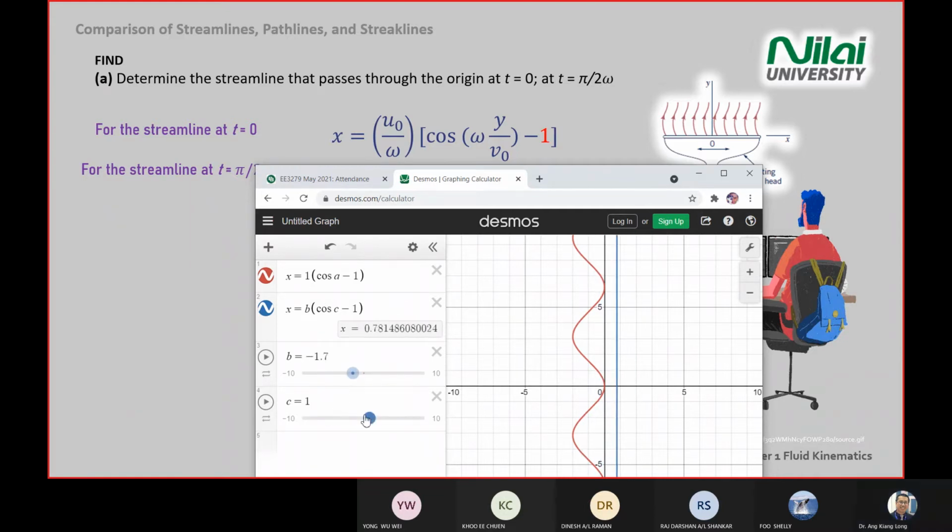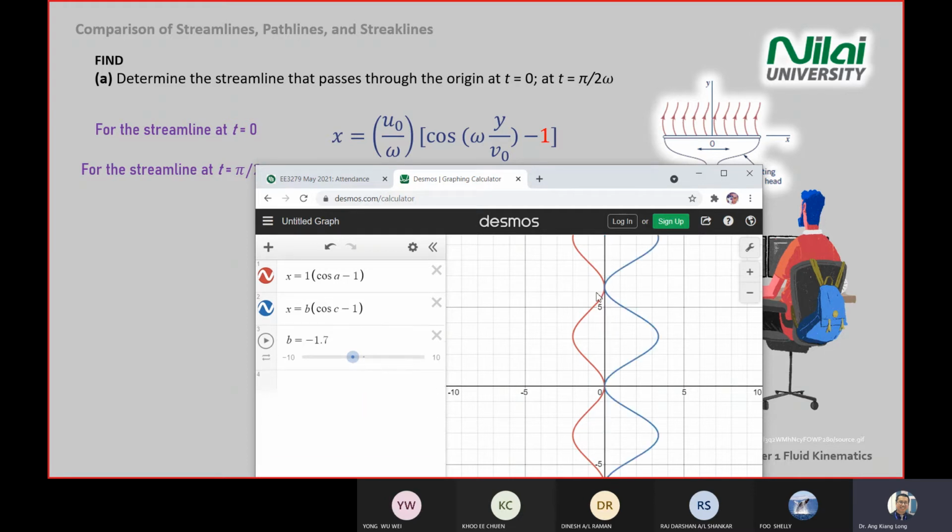Of course, if you don't want the constant value c here to make the graph move, we just cancel it. So you get the graph here, and we just play around with it. As you can see, if the constant value is positive, increasing the magnitude of u naught over omega, I increase the value from 1 to 2, 3, 4, 5.